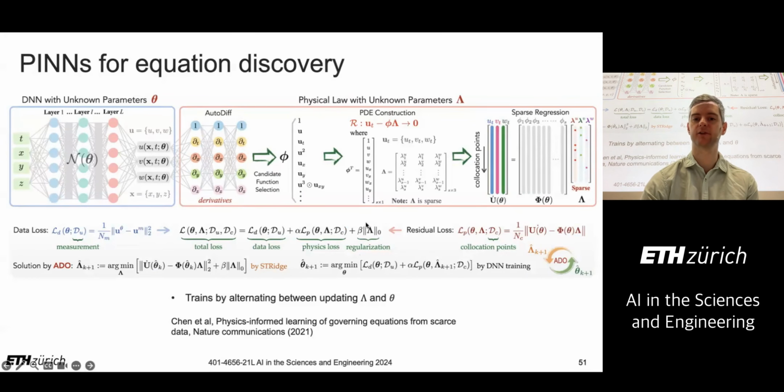And then it adds some sparsity regularization to try and minimize the number of coefficients that we use. It's trained with an alternating scheme where they first learn the weights of the network, so they first fit to the solution data, and then they do a step where they learn the coefficients. This seems to be better than just doing a joint optimization.